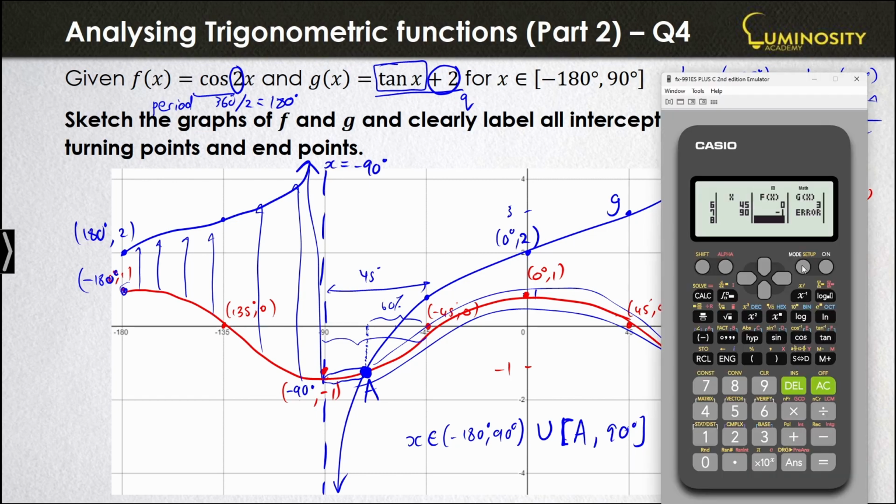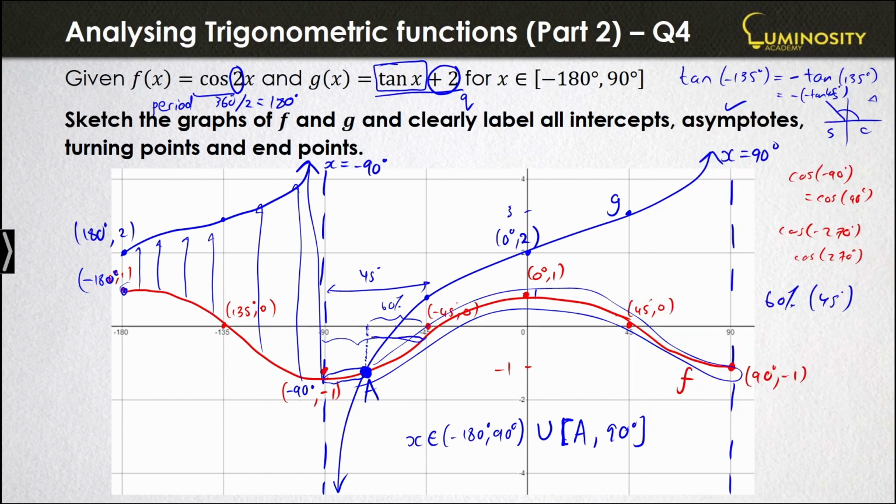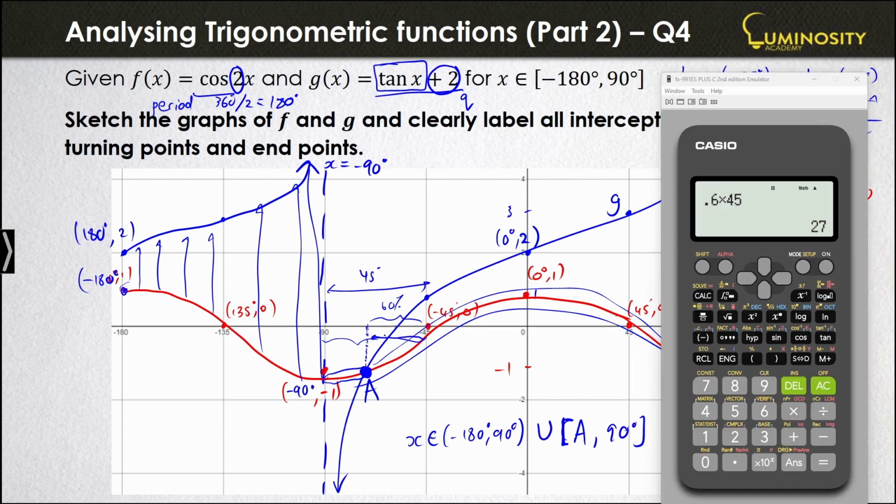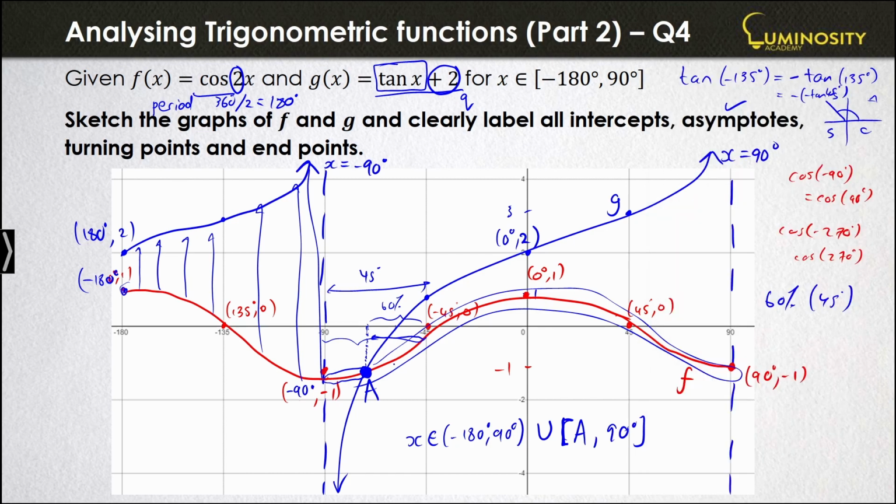So I go on my calculator, and I go 0.6, that's 60% of 45 degrees, and that's about 27 degrees. So I would say from negative 45, if I moved over 27 degrees to the left, so from negative 45 minus another 27 degrees, that gives me about negative 72 degrees. So that is an approximate value. Okay, and then there's a y value where it intersects, but we're only interested in the x value. So that negative 72 degrees, that's an approximation of that point of intersection.